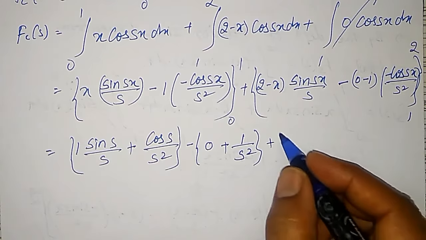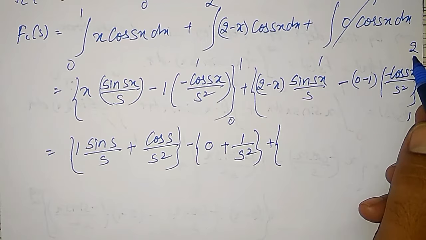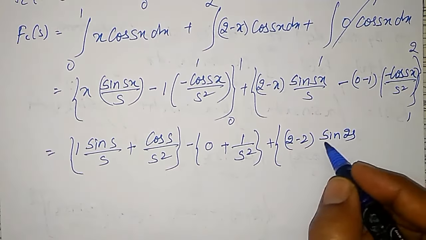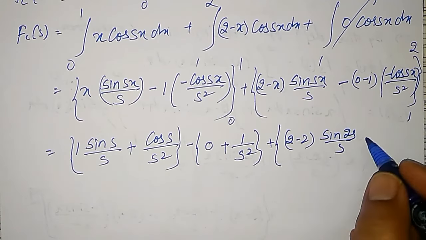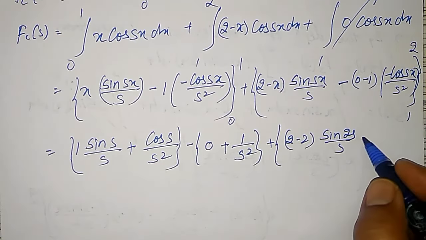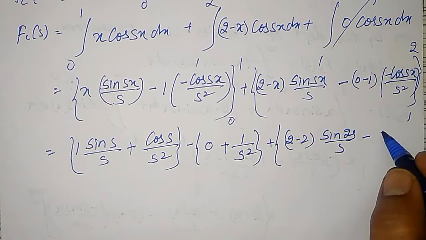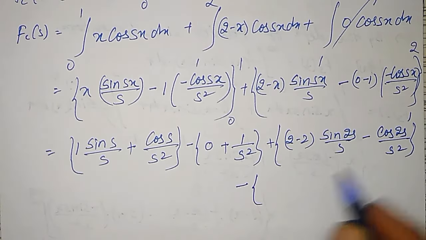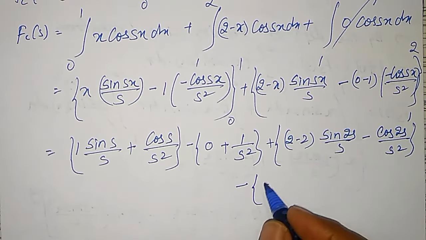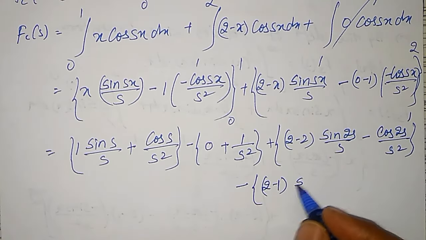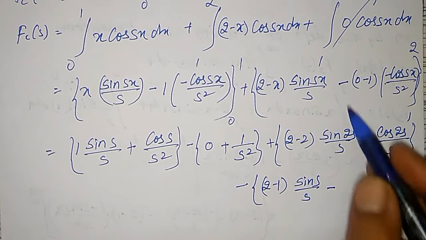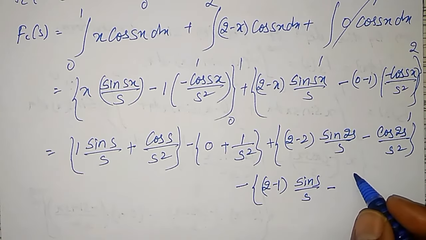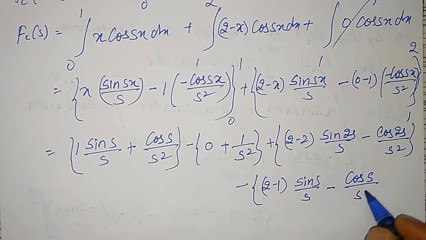Then plus, next again upper limit x equal to 2. 2 minus 2 into sin 2s divided by s. This is upper limit. Plus, minus, minus, minus, again minus 3 times. You will get cos 2s divided by s square. Upper limit minus lower limit x equal to 1. 2 minus 1 into sin s divided by s minus minus minus 3 times, therefore again minus. And x equal to 1, that is cos s divided by s square.